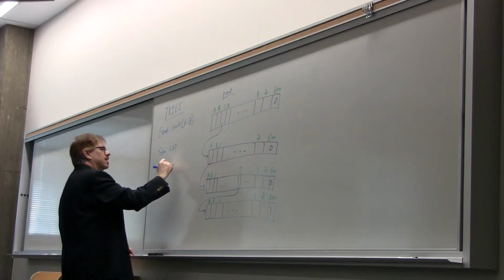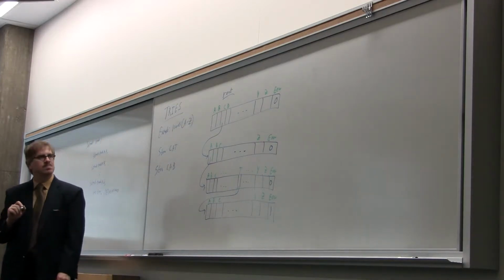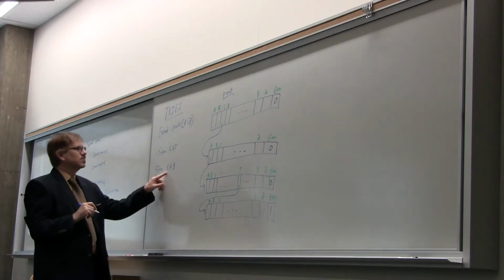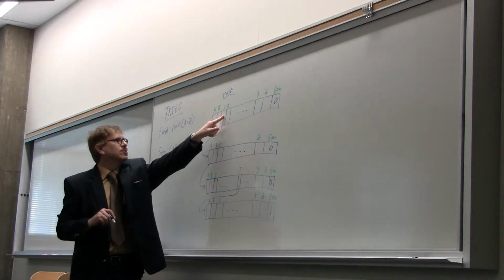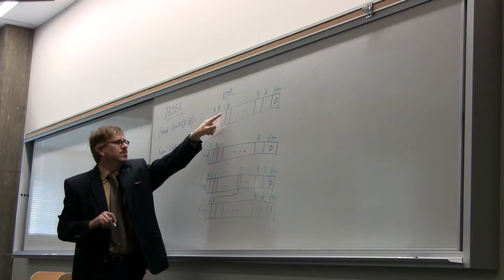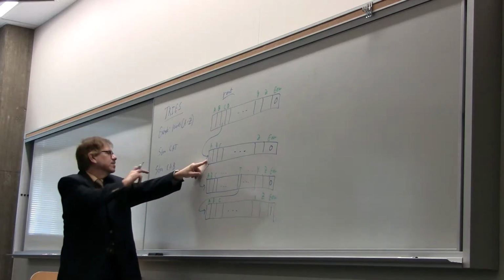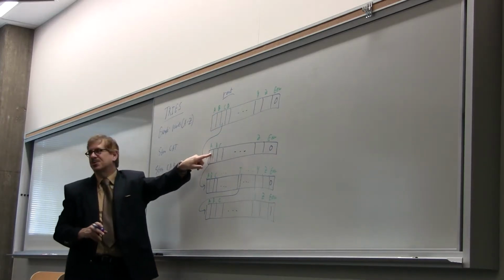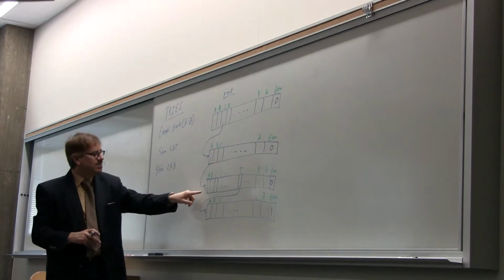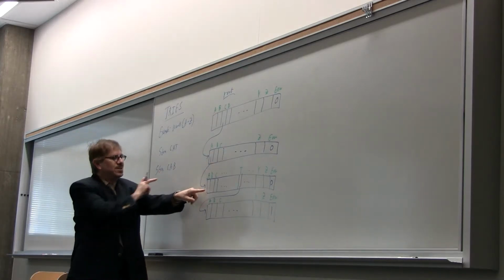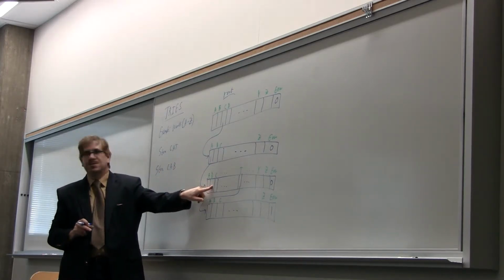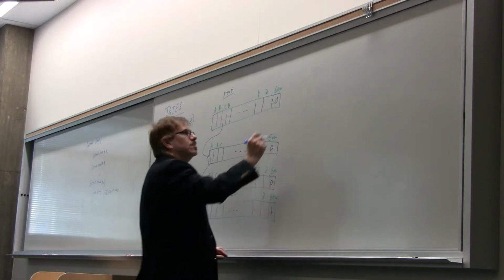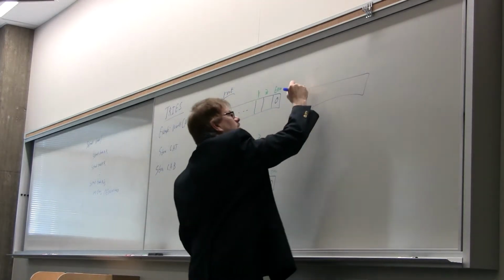Let's store cab, CAB. So we want to store a C, we come to our root node, we check C, it's not null. So we follow that down to another T node. Our second letter is A, we check the A pointer, that's not null. So we follow that to its node. We want to store a B, we check the B pointer, and that's null. So we create a new struct T node.